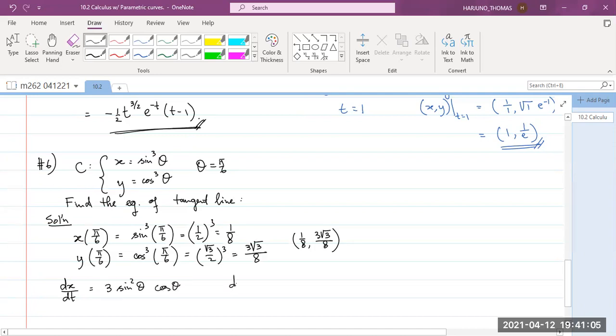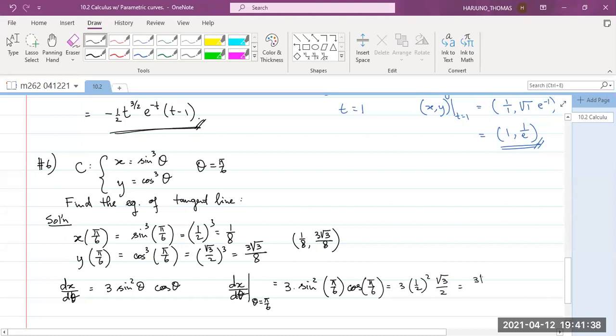So dx/d theta at theta equals pi over 6 is 3 times sine squared pi over 6 cosine pi over 6. That's 3 times 1/2 squared times radical 3 over 2.